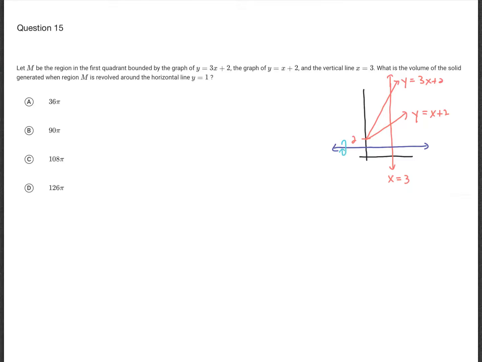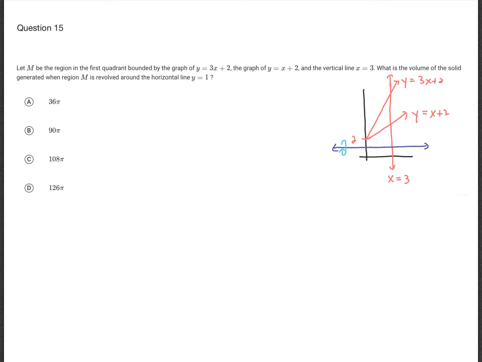Okay, so this is another one where there's going to be a hollowed out section, right? This line of revolution, there's a gap between that and the region. So anytime there's a little gap like this between the line of revolution and the region that you're revolving around, there's going to be a hollowed out section. Okay, so we're revolving it around a horizontal line, which is parallel to the x-axis.